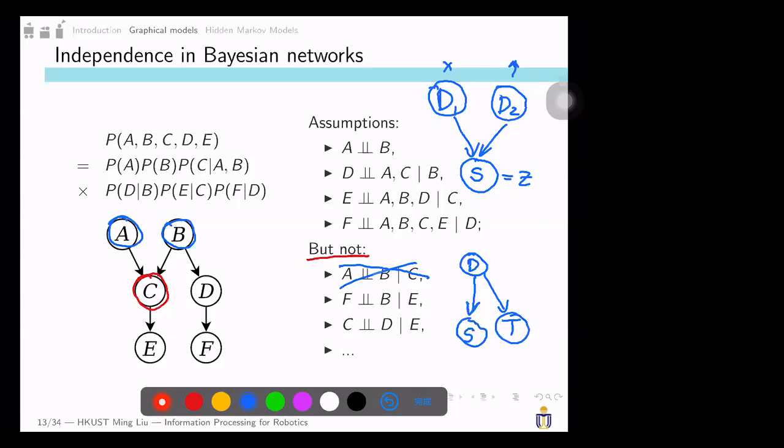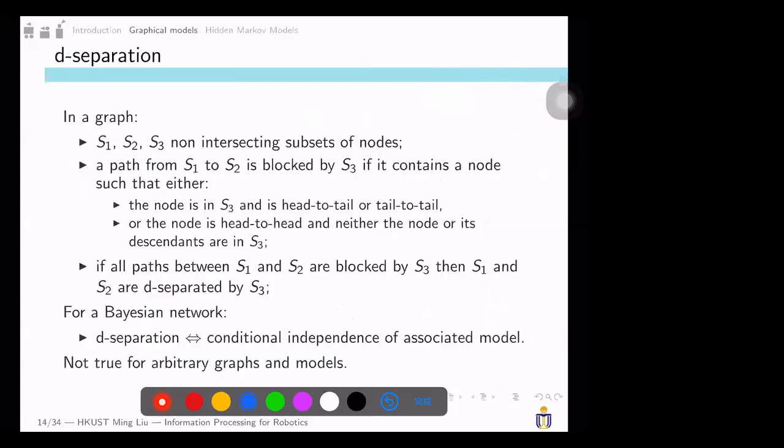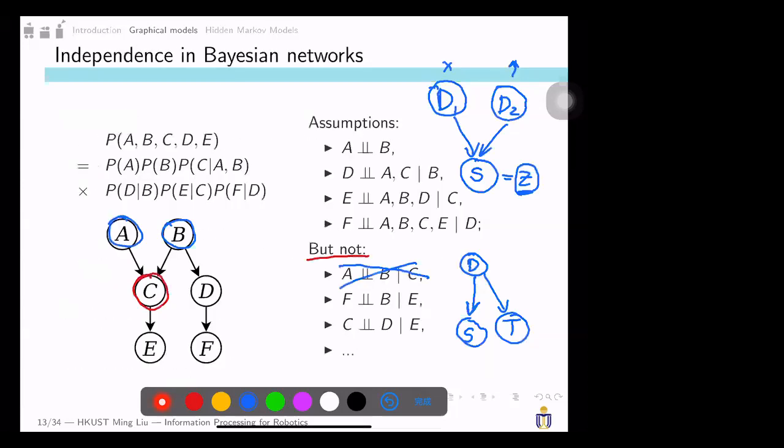They are not independent. Because if I see something, this knowledge of Z will reveal some relation between D1 and D2. If D1 is not open, then probably D2 will be open; this probability will increase. So given C, you see the arrow, A and B will be dependent, right?